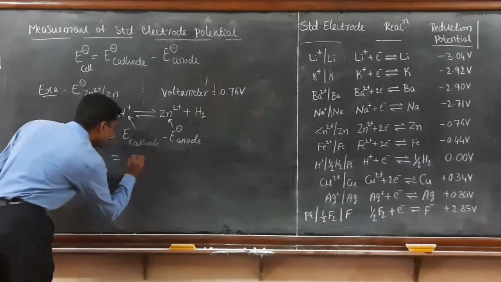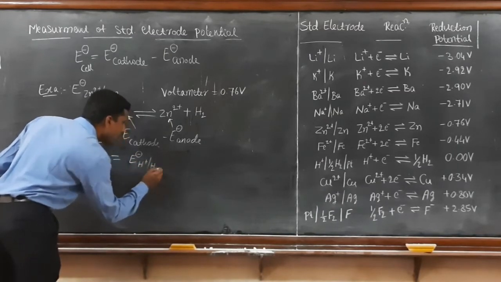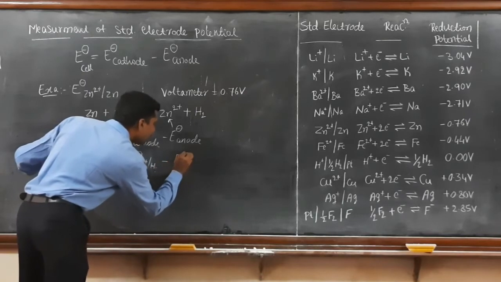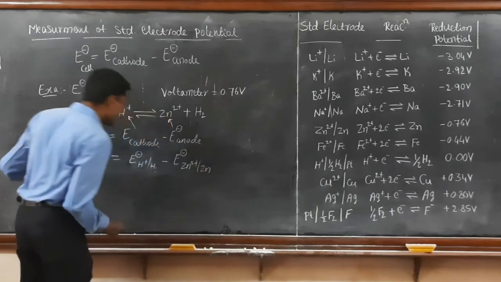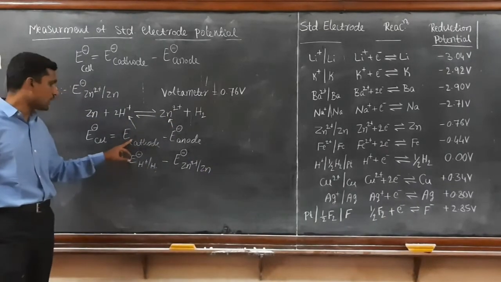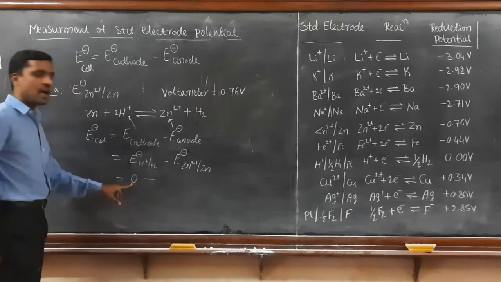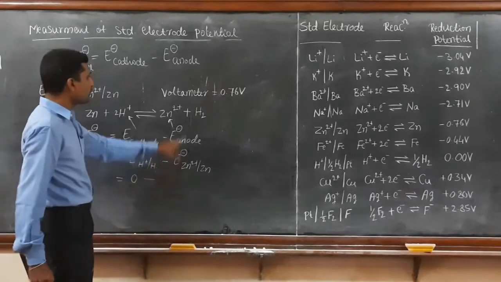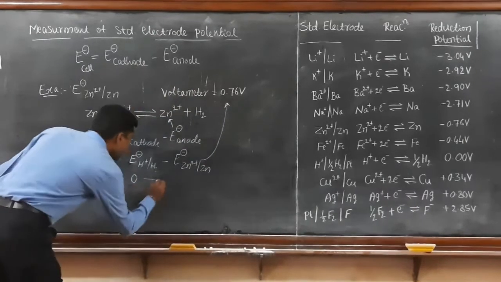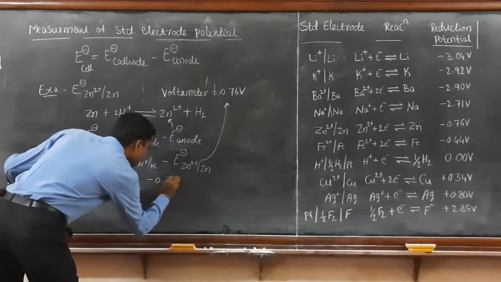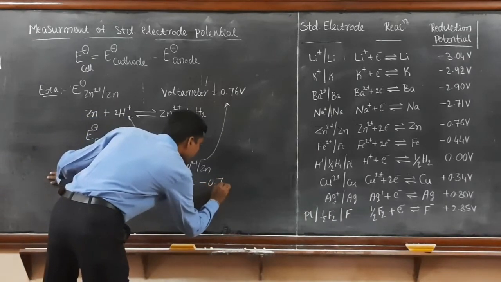Therefore this can be written as EMF of H plus over H2 minus EMF of Zn2 plus over Zn. You already know that the standard electrode potential of the hydrogen electrode is 0 volt, because it acts as the reference electrode, and the EMF that the voltmeter shows is 0.76 volt.